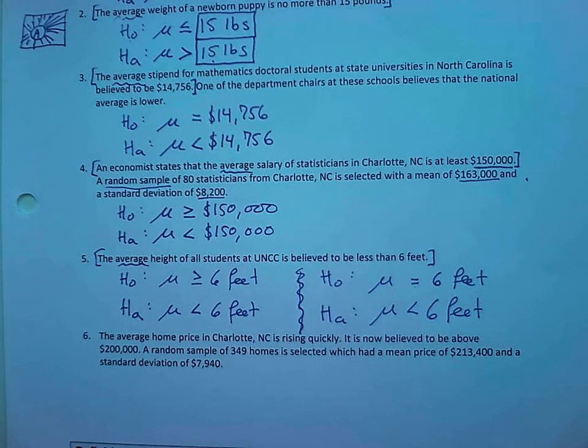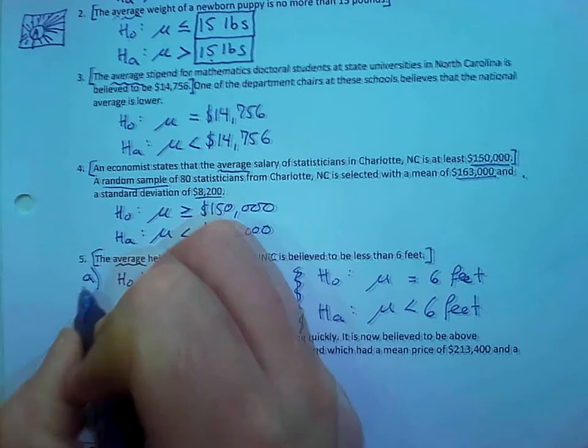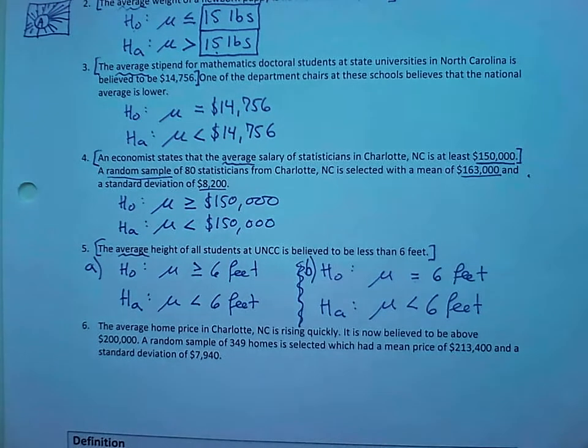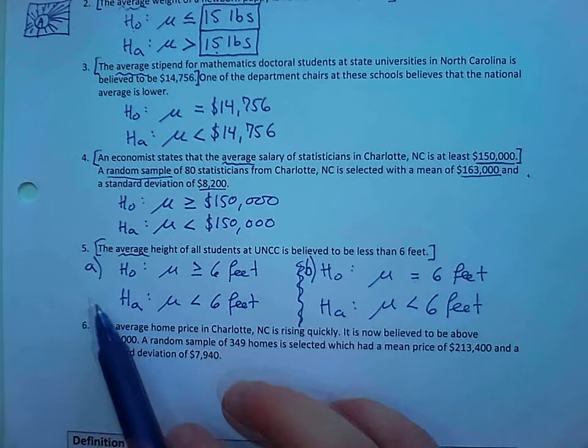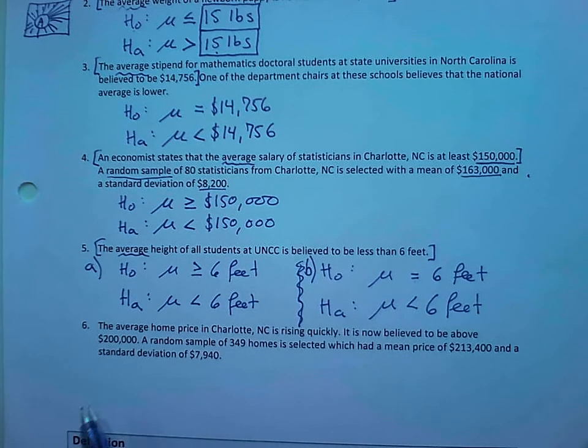So what you're never going to see is this. Well, let me first talk about what you are going to see. You are going to see problems that ask you to write the null and the alternative hypotheses for a particular statement. What you're not going to see is one of these as answer choice A and the other as answer choice B, because otherwise you have two possible answer choices which are both technically correct for this course.